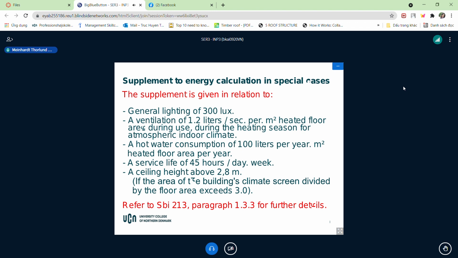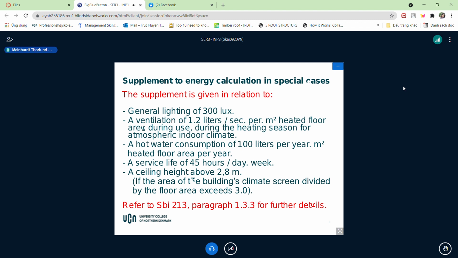Basically, we have to look at different kinds of things, and in some cases, when we have other, more specific buildings, such as a production building or some kind of specific building that will use more energy because they have more requirements for energy, how do we deal with that?